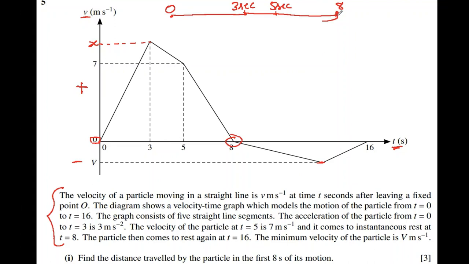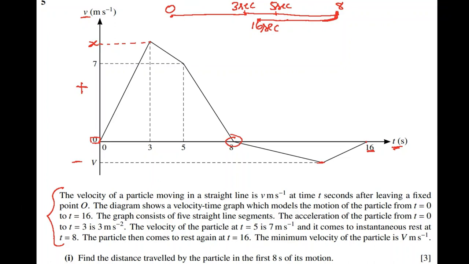That means the speed is very low, but it is coming in the opposite direction. And then again it slows down in the opposite direction and stops after some time, at 16 seconds. Okay, this is the interpretation of this particular graph.